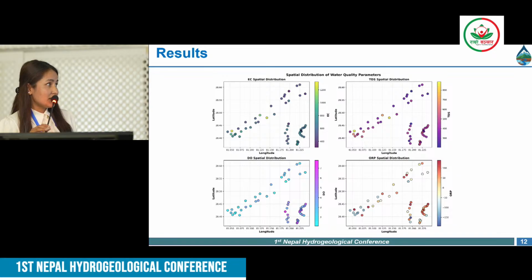The map represents the spatial distribution of all 4 parameters on the basis of latitude and longitude. So the color separates the distribution of parameters throughout the study area, which represents the spatial variation of the samples.